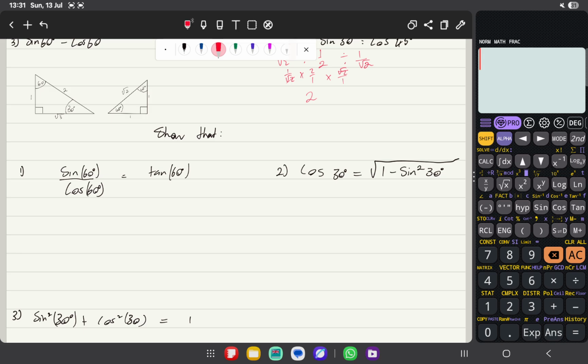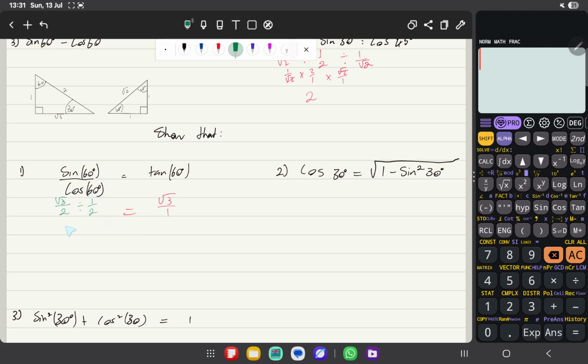Cool. So here we have some sort of an identity. We are proving that the left and the right are equal. So let's use special angles to do that. Tan is opposite over adjacent, so square root of 3 over 1. And sine is opposite, square root of 3 over hypotenuse, which is 2, divided by cos, which is adjacent, 1 over 2.